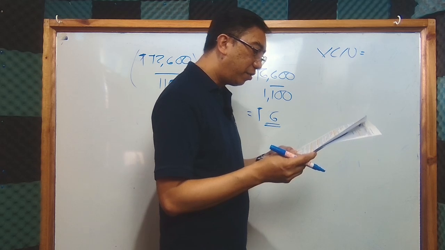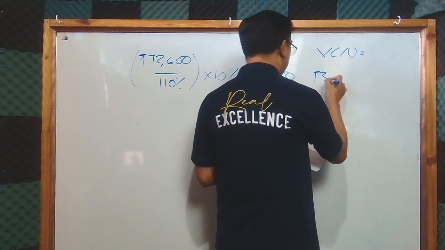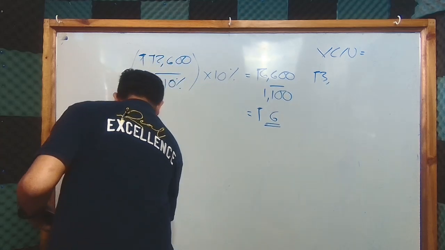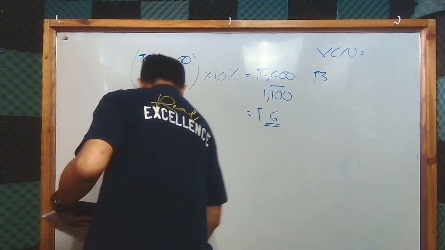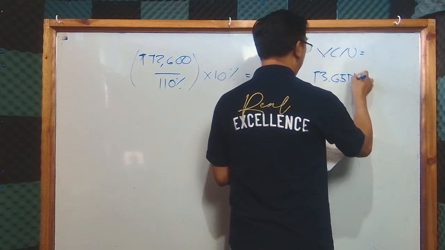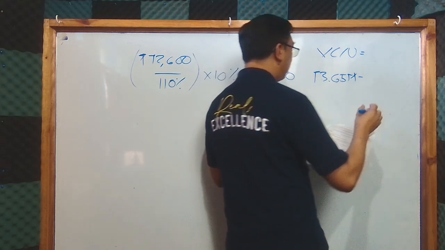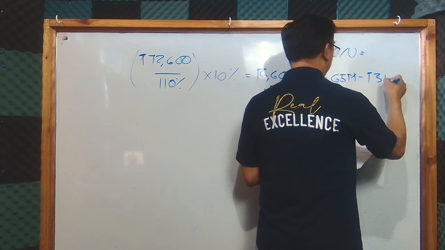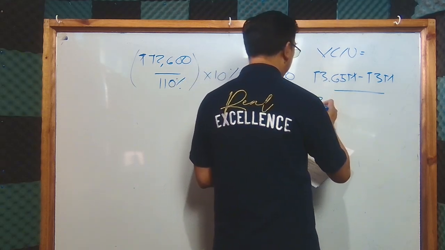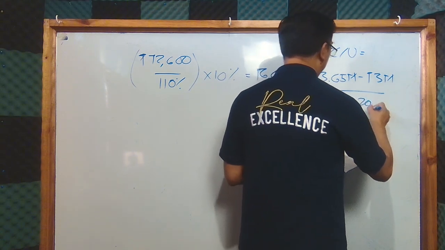Yung cost niya, that's 3.65 million, minus the lowest cost at 20,000 units, so minus 3 million. Yun yung total cost niya divided by highest quantity of 25,000 minus lowest quantity of 20,000.